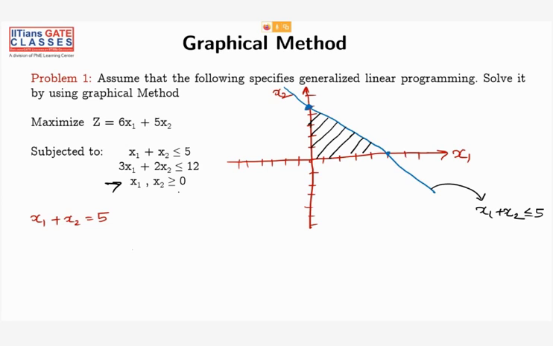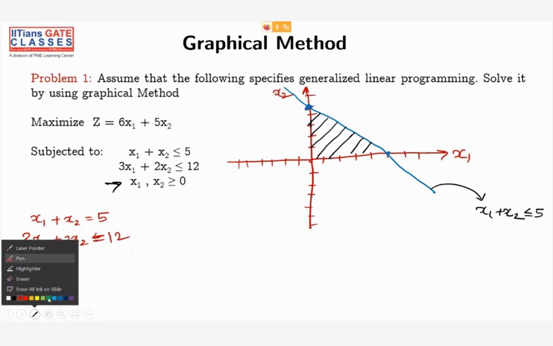In a similar way I'll plot my other constraint onto the graph. I'll take 3x1 plus 2x2 less than or equal to 12, and I'll take a different ink for this. If x2 is 0, x1 is 4.